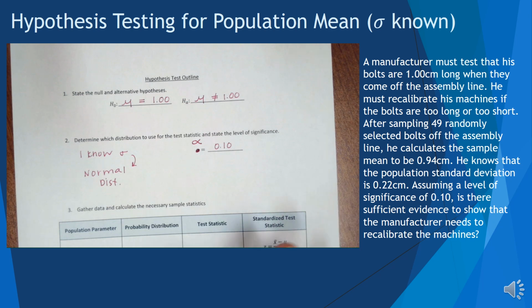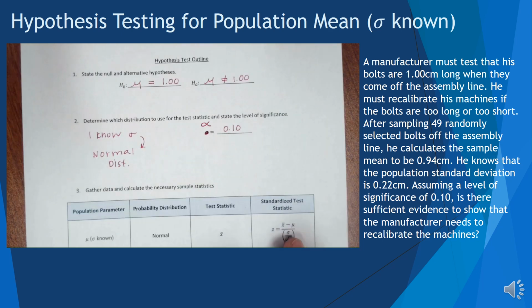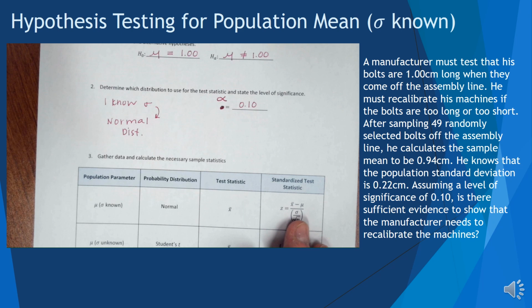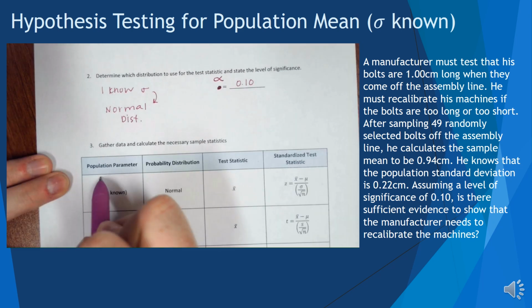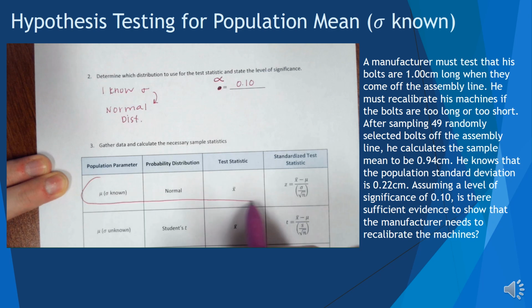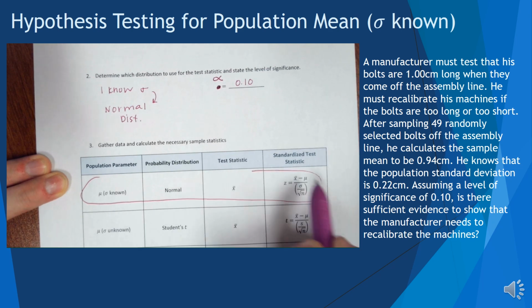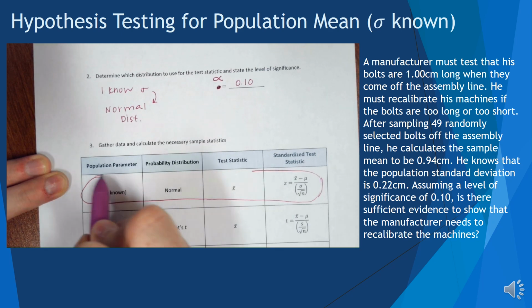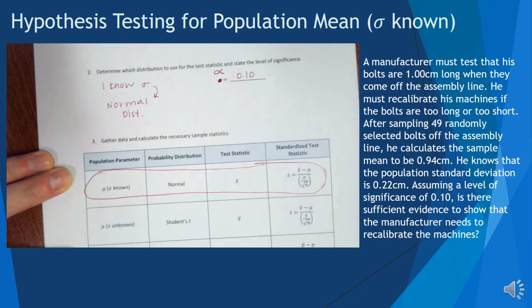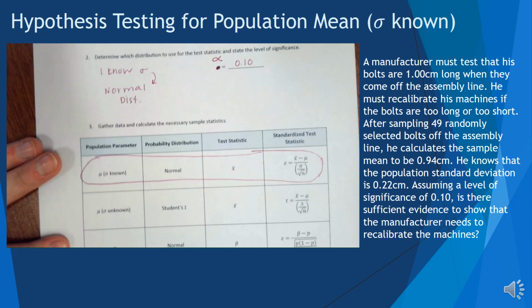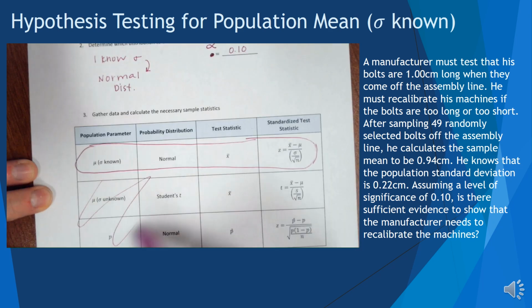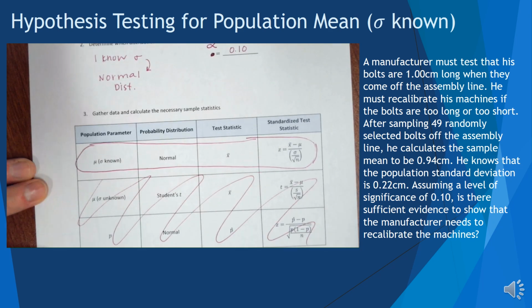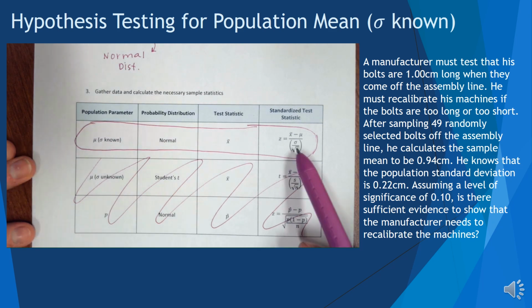Now it says gather data and calculate the necessary sample statistics. That's step 3. Now I'm going to be using this first row because I'm conducting a hypothesis test for the population mean, and I know the population standard deviation, so I'm not using these at all. Okay, so here's my standardized test statistic.